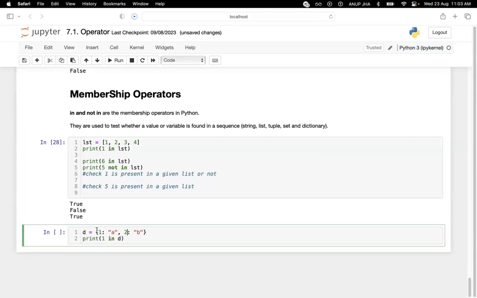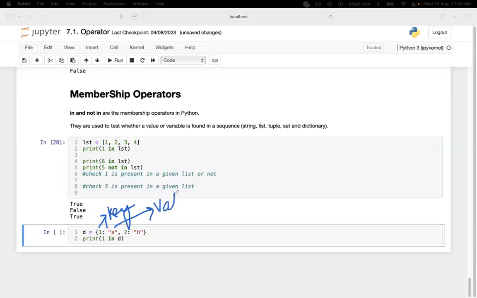Now this is a dictionary. What is this called, Ruchi, in a dictionary? This we call key, not keywords, key. And what is this called?